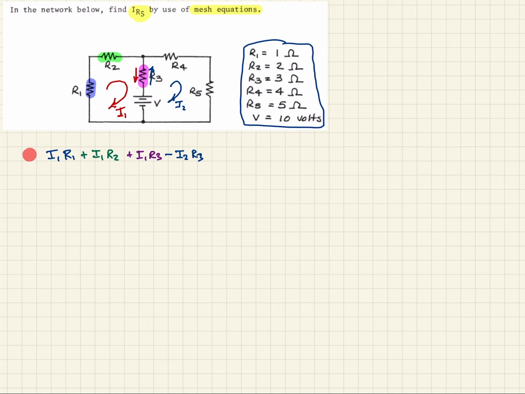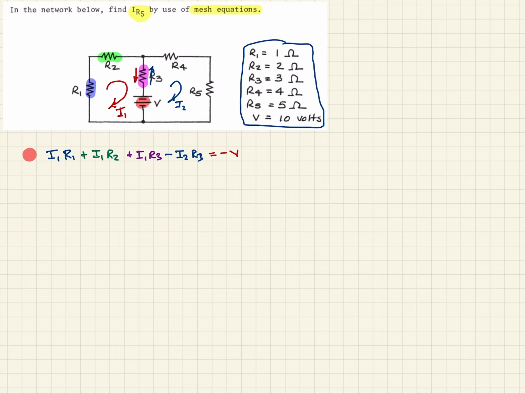And so that should equal the voltage V. So in this case, we see that V is working against us. So then that's going to be equal to, and I'll put that in red here, minus V. So that's everything in mesh 1.